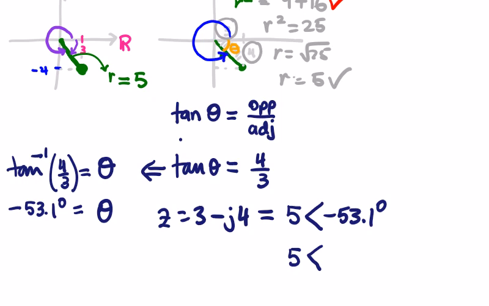So the full lot would be 360, but if we do 360 and remove the 53.1, we are going to have the positive angle, which is 306.9 degrees. And of course we could also work with radians instead of degrees, and then we would just write 5 and the angle symbol and the angle in radians.